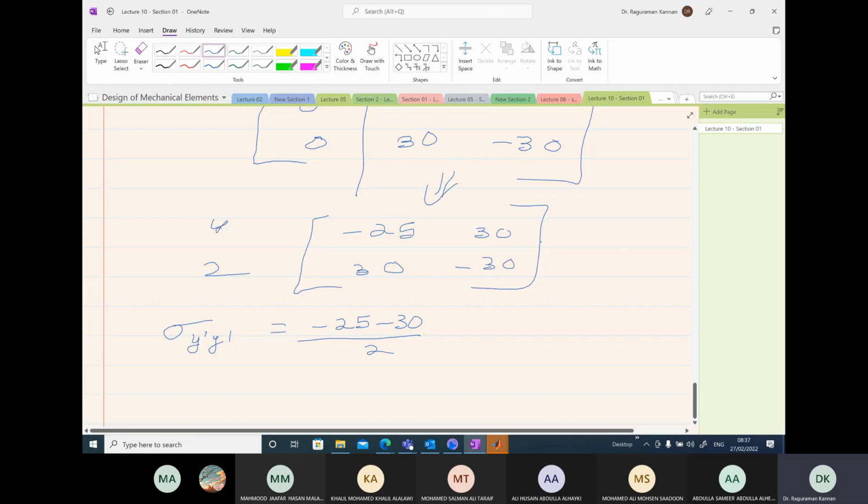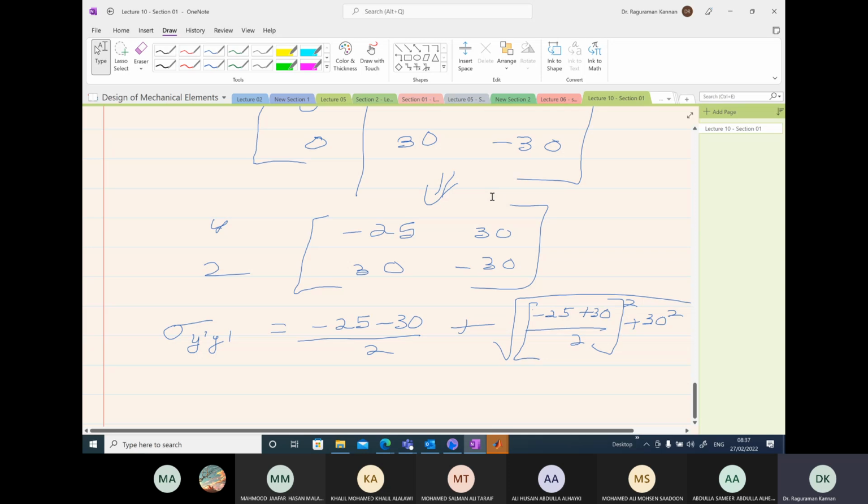And we want the positive quantity to be y prime, plus the square root, substitute here, of minus 25 minus 30 divided by 2 whole squared plus 30 squared. You can find the value by yourself. Y prime is this value.